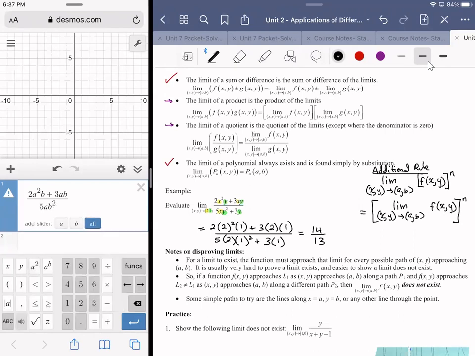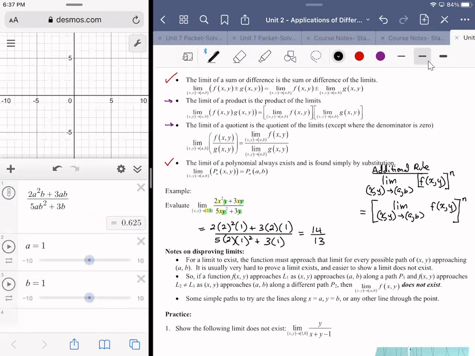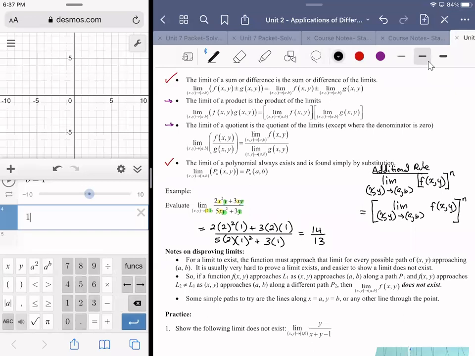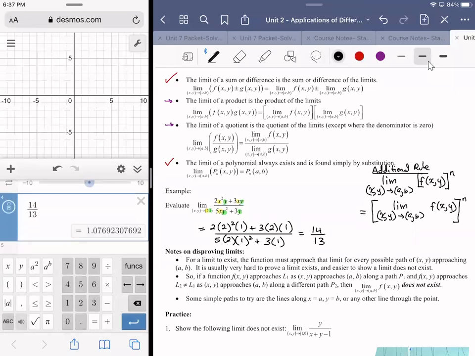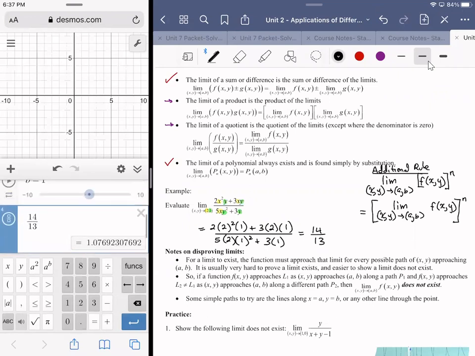And if they are, then it'll allow me to make substitutions into those constants, right? Just by adding a slider. Right, so I can just shift this over to a 2, leave that as a 1. I got 1.07, blah, blah, blah. It looks like it could be 14 13ths, but I can verify. Yeah, there we go. 1.0769, 1.0769.